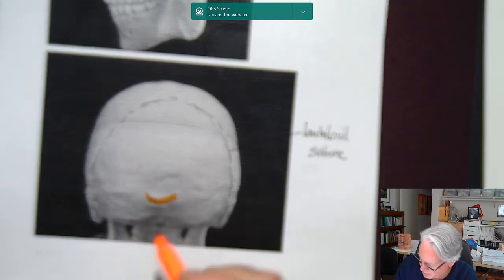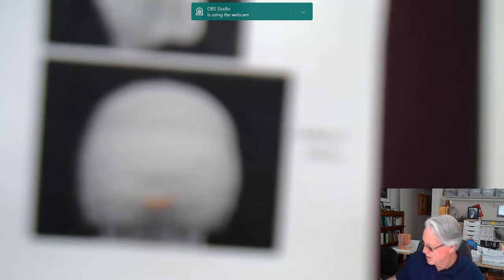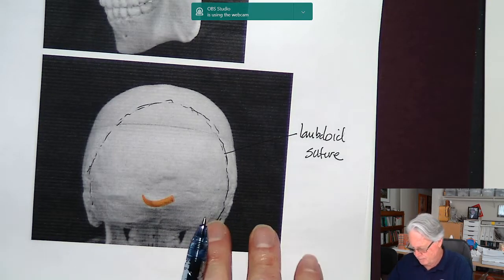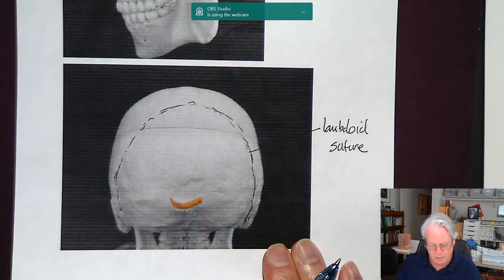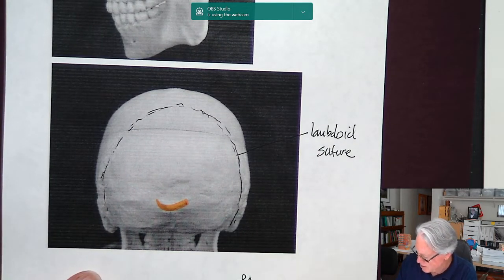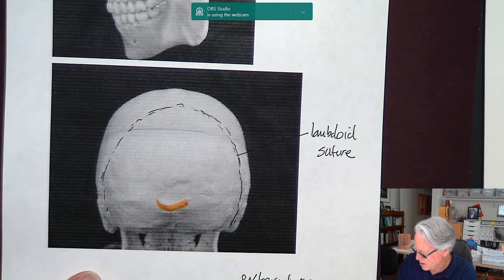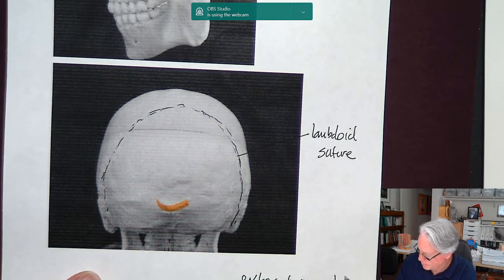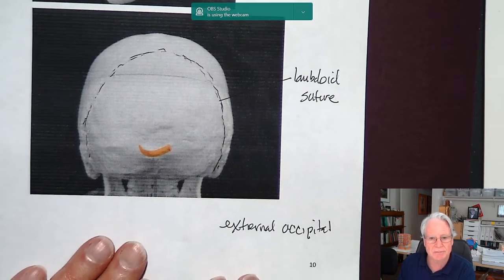Right here, that is my occipital protuberance. It's out of the way. So this is my external occipital protuberance.